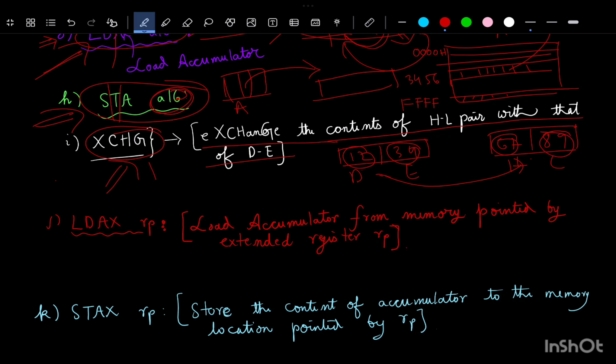And this instruction doesn't have any operand, and we call this kind of instruction an implied instruction. Implied in the sense that the user is supposed to understand what this instruction is going to do, even without an operand.